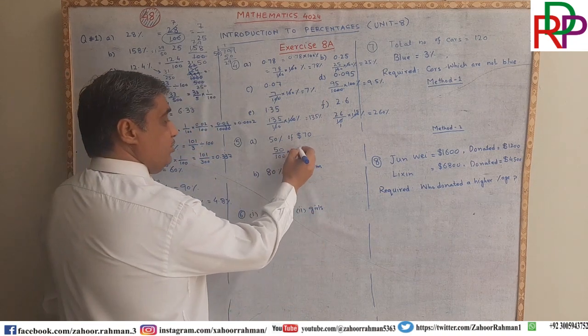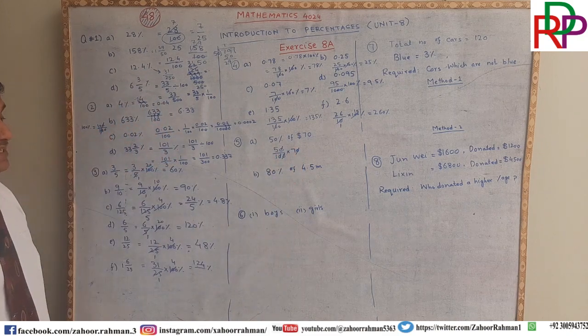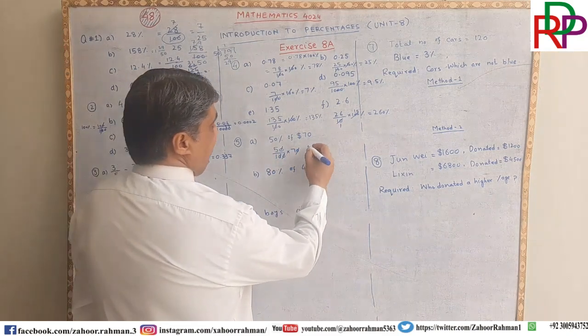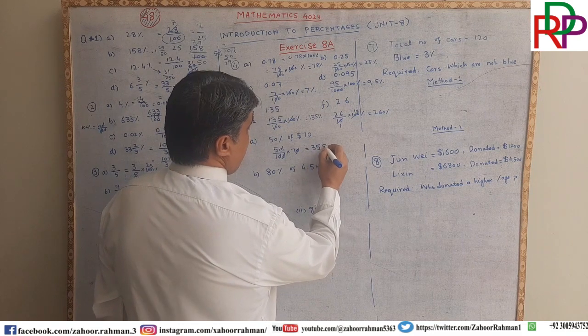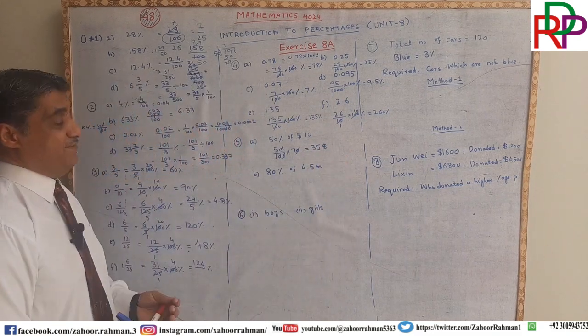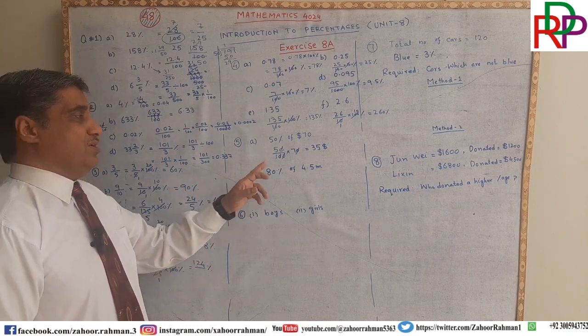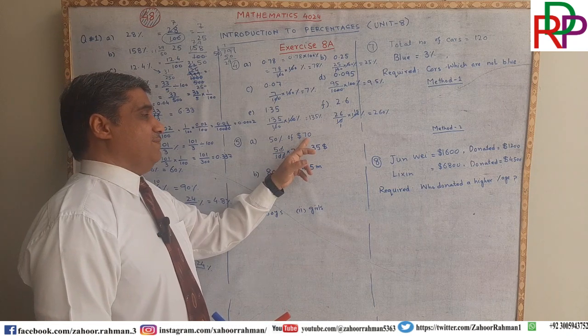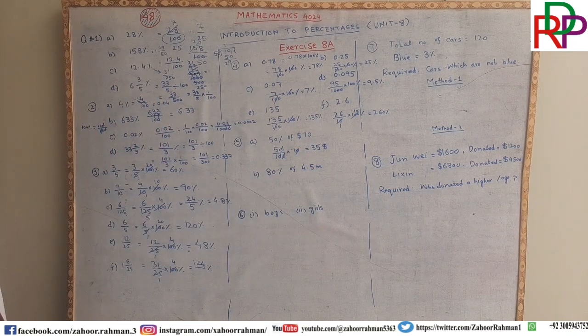So 1 0 will be cancelled with this, and 1 0 will be cancelled with this, and that will be $35. Remember, 50% means half. So half of the 70 is $35, and that is absolutely correct.